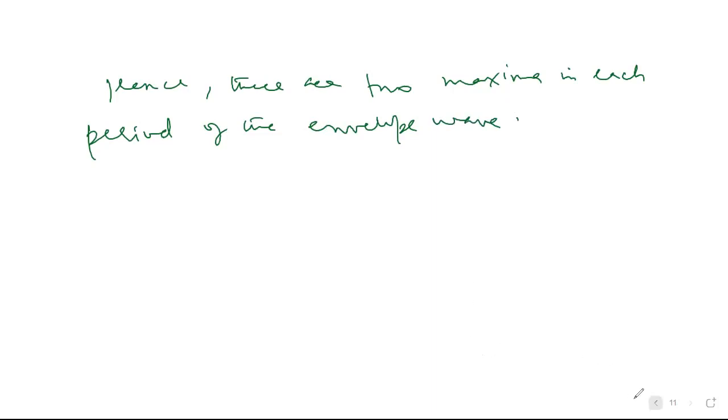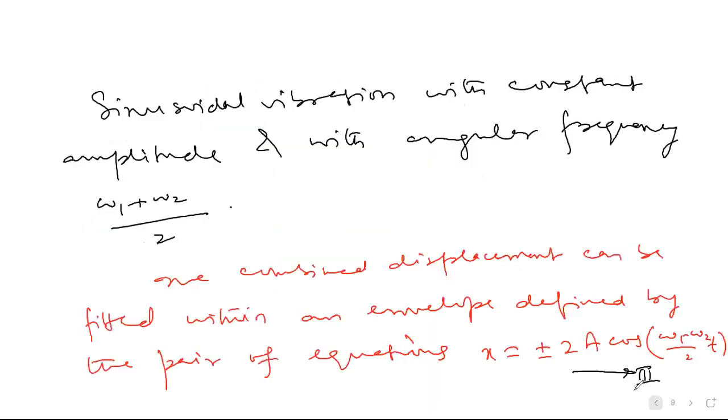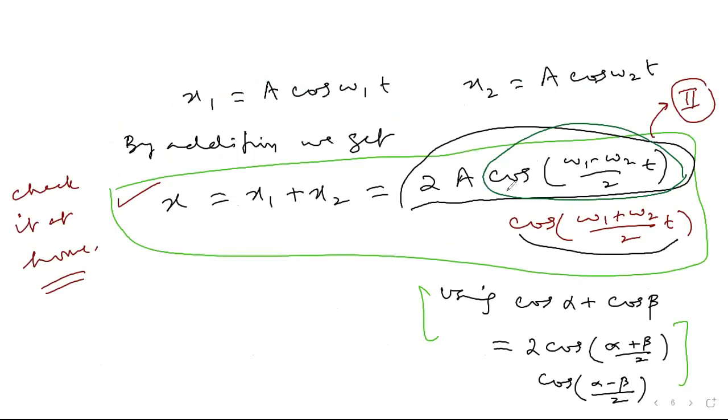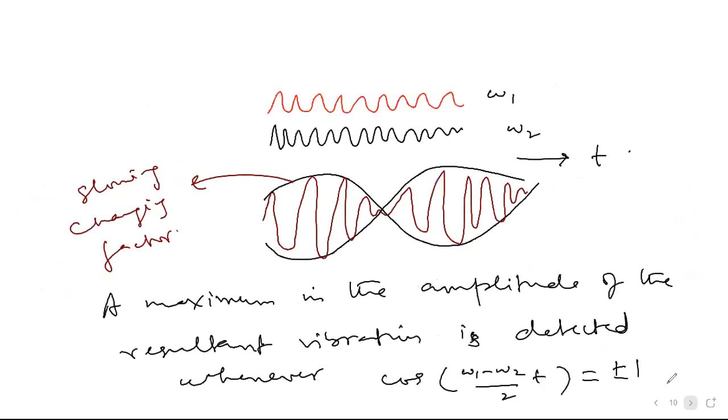I repeat, the cycle of the envelope wave is decided by this factor. Envelope wave means the wave representing the amplitude variation, right? Now, it has a cycle, it has a frequency. In each cycle or period, the amplitude goes maximum twice. Whenever this factor becomes plus 1 and minus 1, the amplitude goes plus 2a and minus 2a, right?